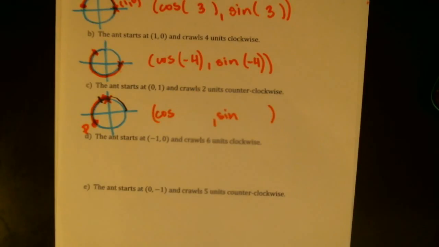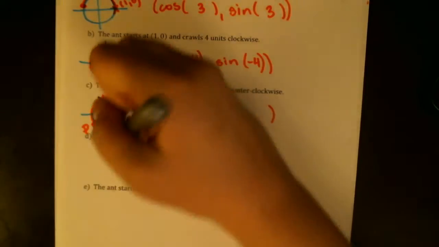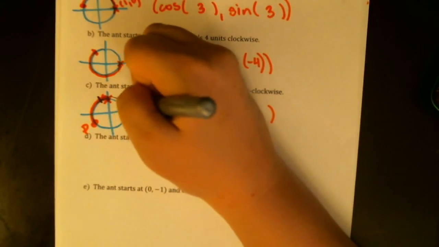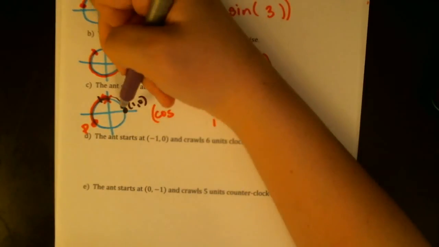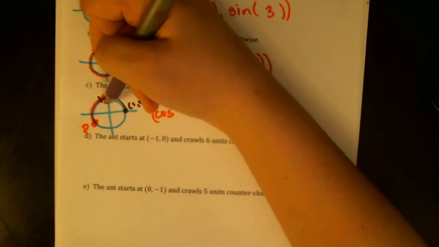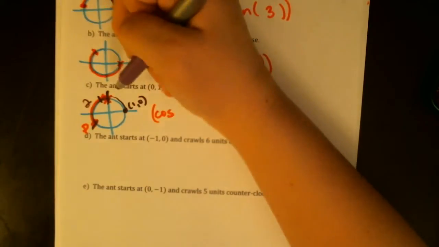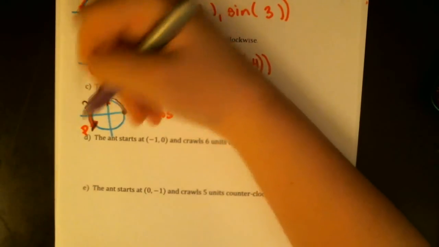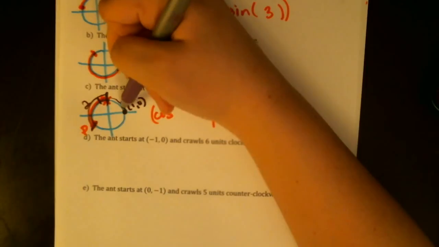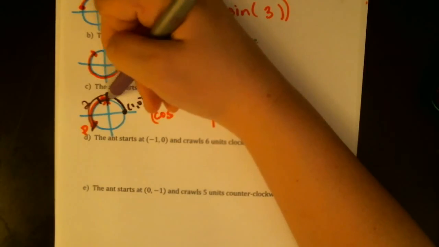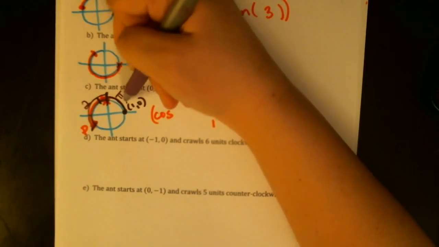So there's always more than one way to do this. The one that jumps out at me is, if I want to tell cosine how far I am from (1, 0), as soon as I throw (0, 1) in, I want to say it backwards. I just need to say, okay, well, I know that from here to here is 2 units. So this is 2. And I know that from (1, 0) to where I started is pi over 2.